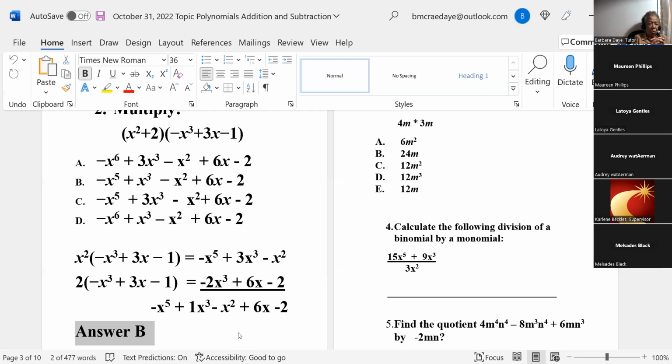Okay, but did you understand the multiplication, that you had to take both of these parts of the term and multiply by the polynomial? The x to the 2nd times the polynomial, that's right here. And then the 2 times the polynomial.